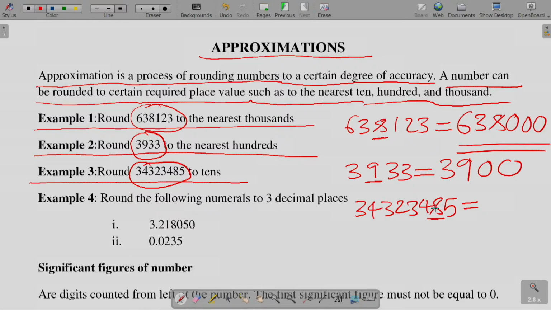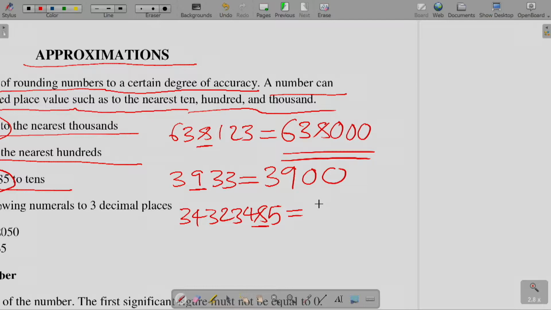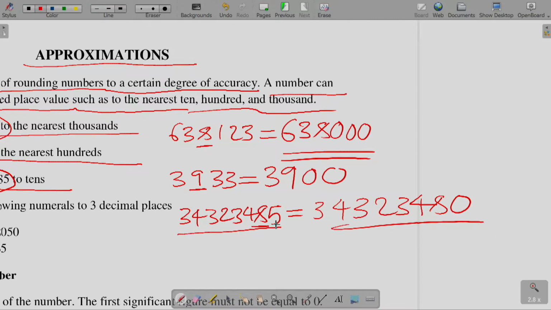It will lie here. So the answer will be 34323,480. If you round this number to the nearest 10, the answer will be this one.